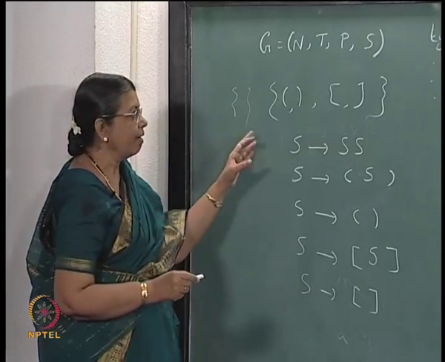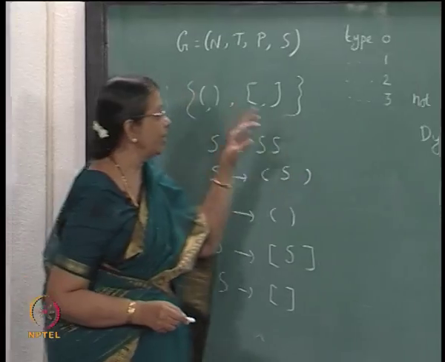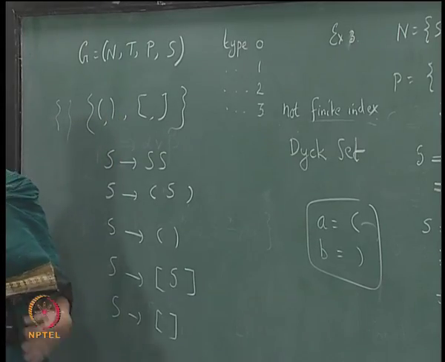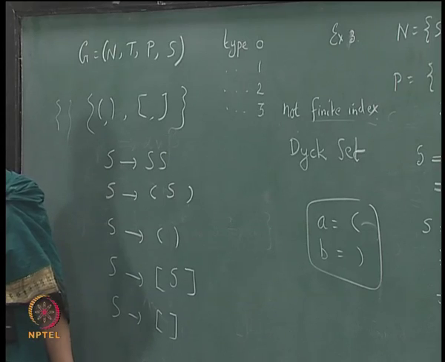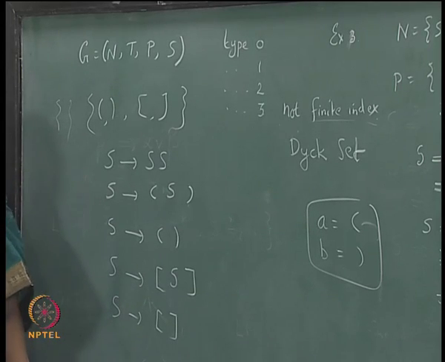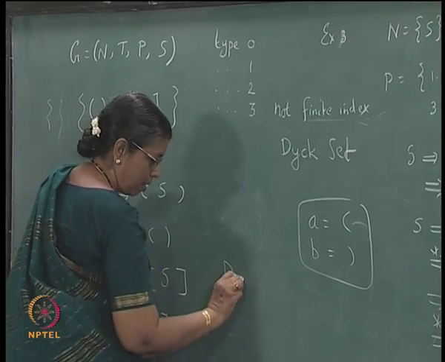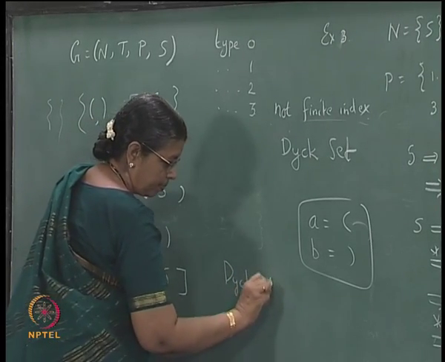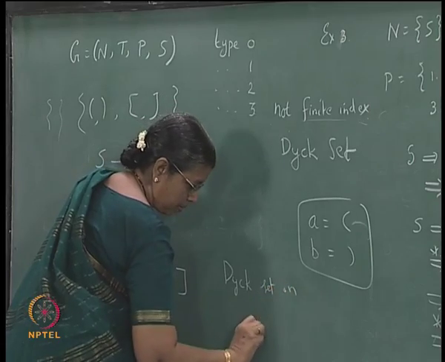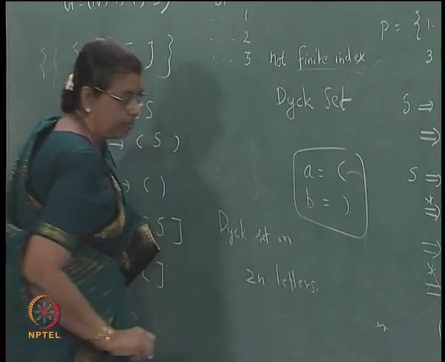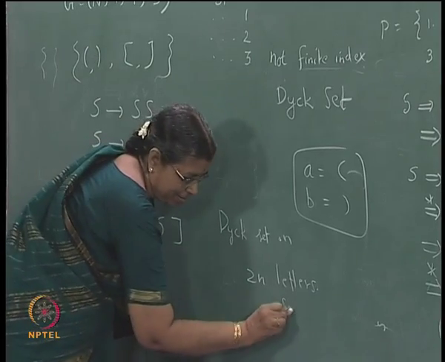So, this is actually called Dixit on 2 letters, this is called Dixit on 4 letters. Generally you have Dixit on 2n letters, n types of parentheses you have, Dixit on 2n symbols.